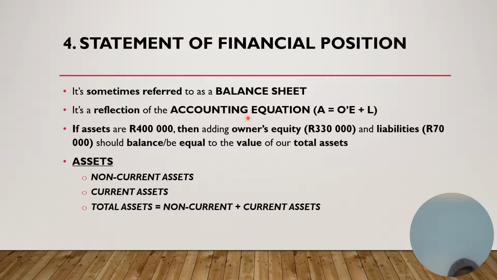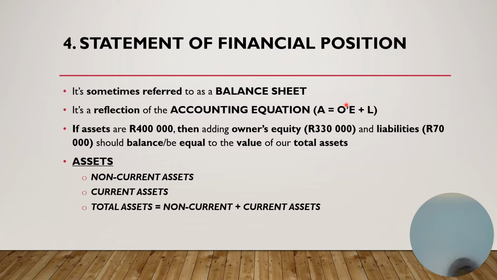The only items that are there is your assets, owner's equity or equity, and liabilities. So when you are talking about the balance sheet, you must know you are talking about your accounting equation, whereby your total assets must be equal to your owner's equity plus your liabilities.